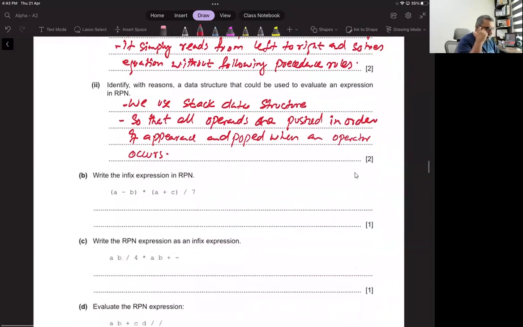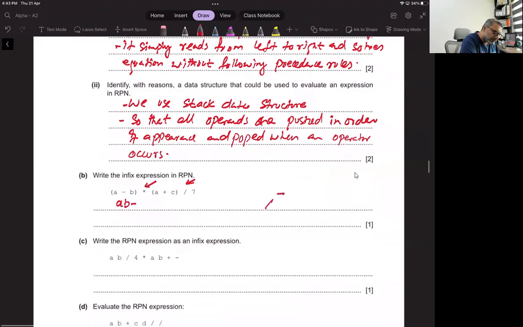Write the infix expression in reverse Polish notation. So we have got two operators. We have BODMAS: division, multiplication, and addition, we can follow this, or what you can do, you just start with a b minus.